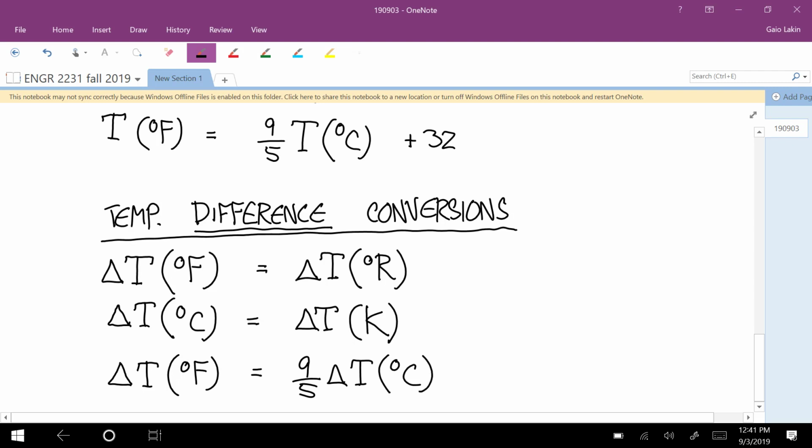So if you're talking about changes, you drop all those additive parts. It makes sense if you think about it, because a change in temperature, you're subtracting 2 temperatures, and the first one has that additive part, and the second has the additive part, and so when you subtract, they cancel each other. Okay. So why don't you have to deal with this with any other types of units, with any other quantity? Because of the fact that these have different 0 points. It causes the headaches. Okay.